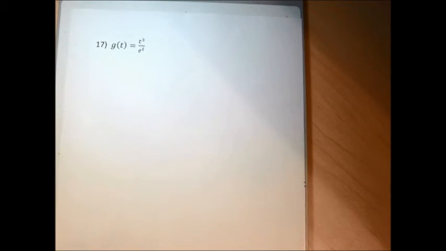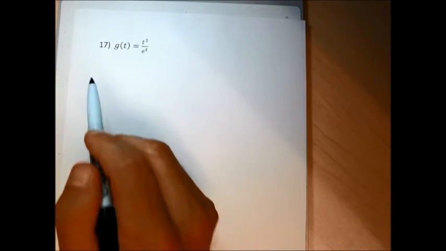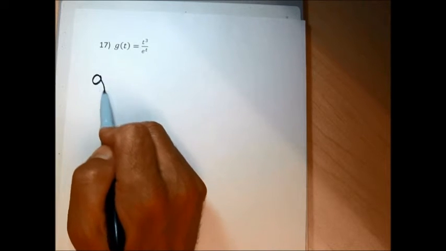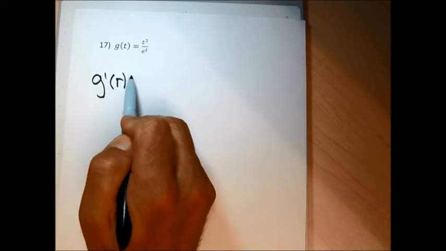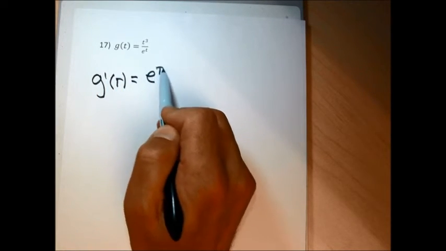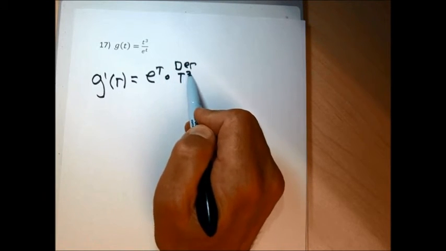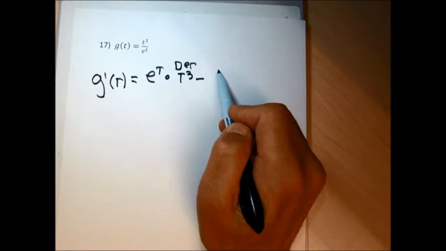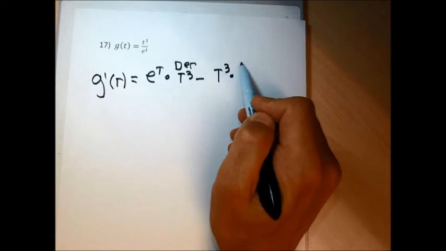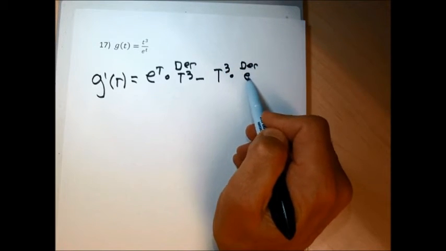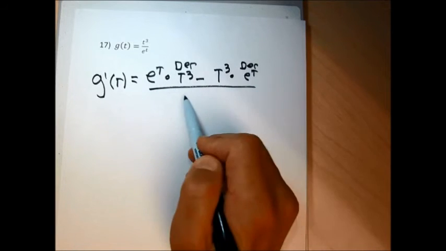17 is a division, so it's a quotient rule. To do a quotient rule, you have to take g prime of t equals the denominator, e to the t, times the derivative of the numerator minus the numerator, t cubed, times the derivative of the denominator, all over the denominator squared.